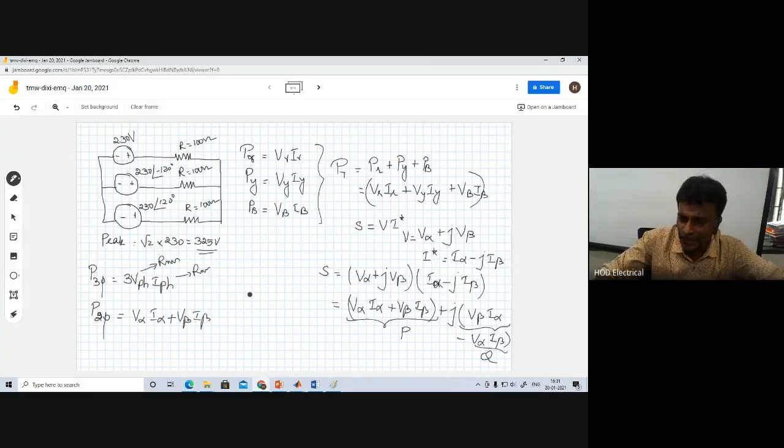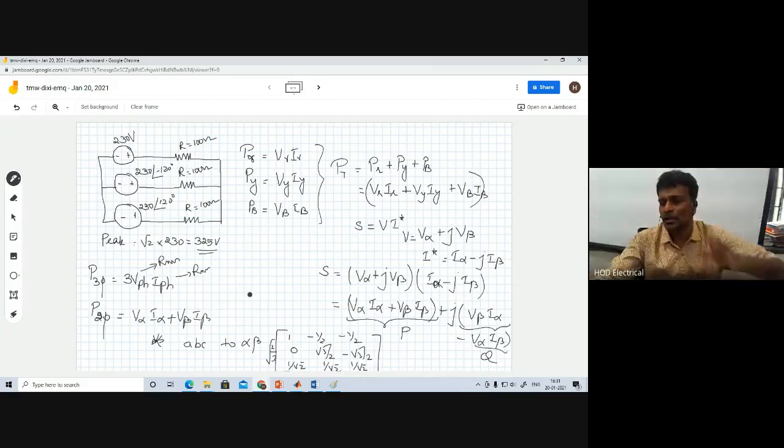For converting ABC to alpha beta, I am using the conversion matrix [1, -1/2, -1/2; 0, root 3 by 2, -root 3 by 2; 1 by root 2, 1 by root 2, 1 by root 2]. This is the matrix, with root 2 by 3 multiplying it. So like that I am going to do it.